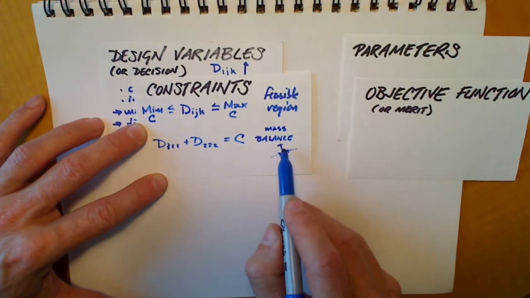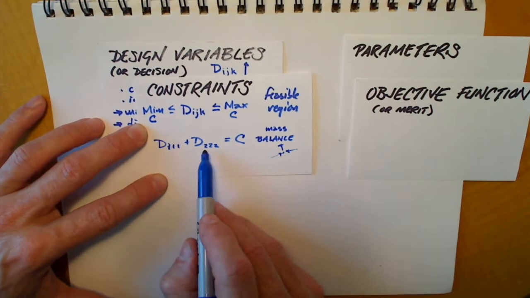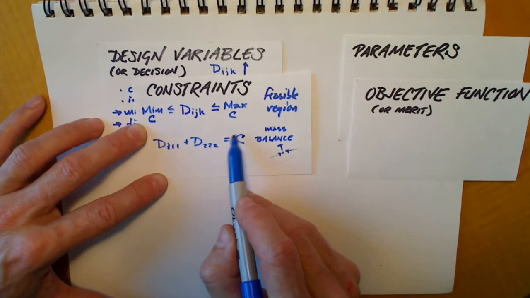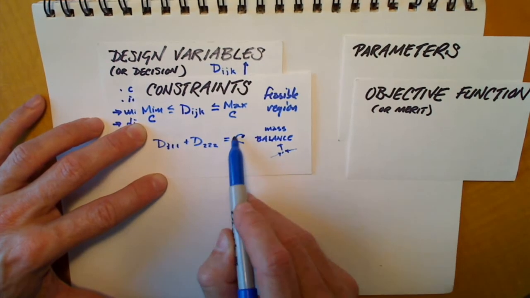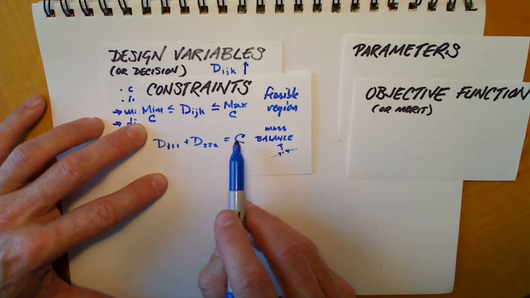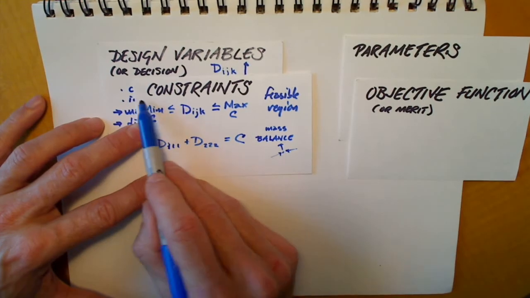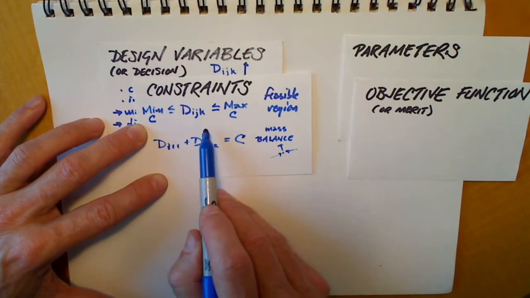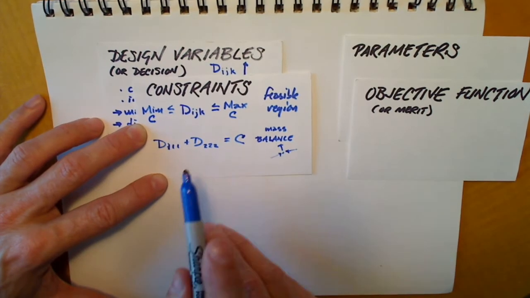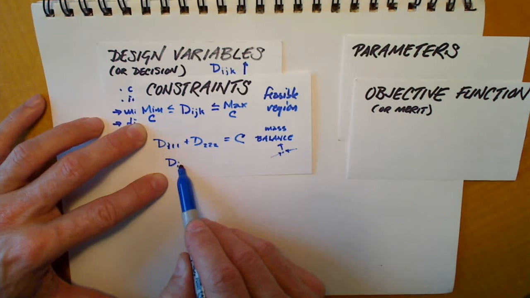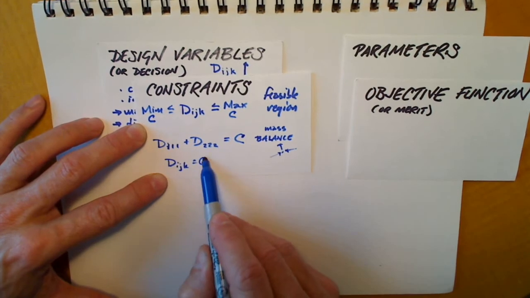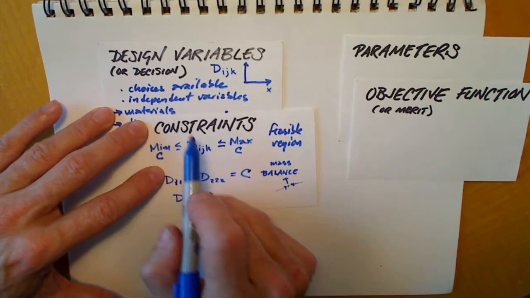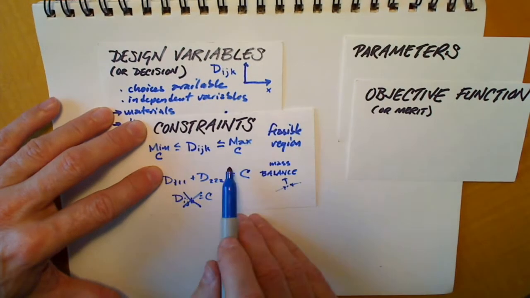So that's a special kind of mass balance, which represents a combination of design variables that have to equal, or it could be an inequality related to some constraint. We could also have these inequality constraints that work on one or more design variables, but there's no such thing as an equality constraint for a single design variable, because then the engineer has no choices available.